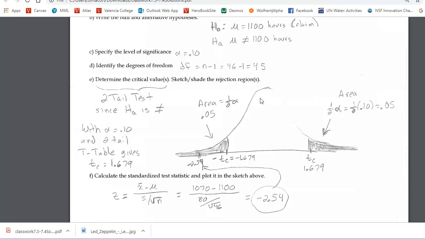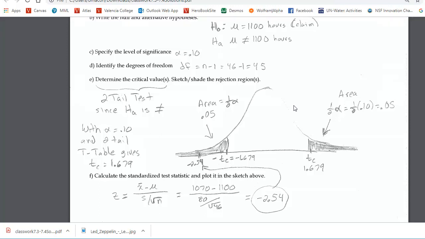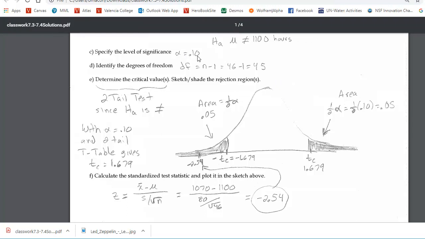One process is the p-value approach, where we calculate the p-value and compare it to alpha. But with the tables in a book, we can't find probabilities under a t-distribution, so we typically take the rejection region approach. That means taking my alpha of 0.10, and since we have a two-tailed test, we look at 0.05 in each tail and find the critical value that corresponds to that.